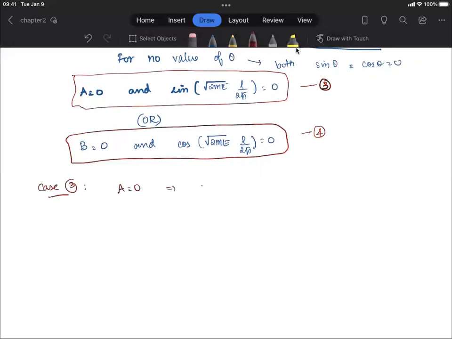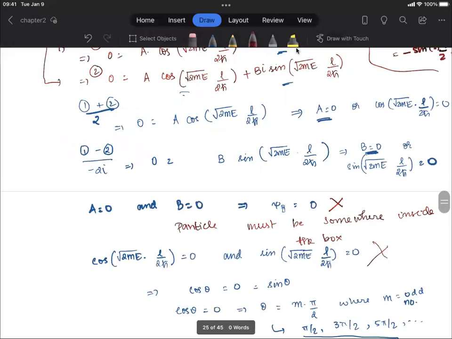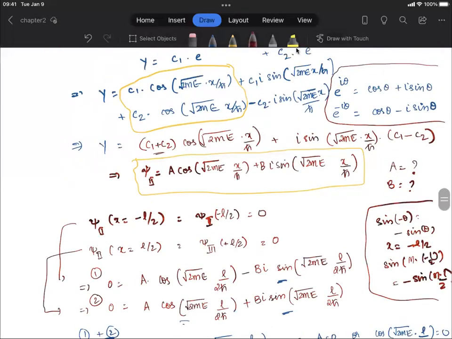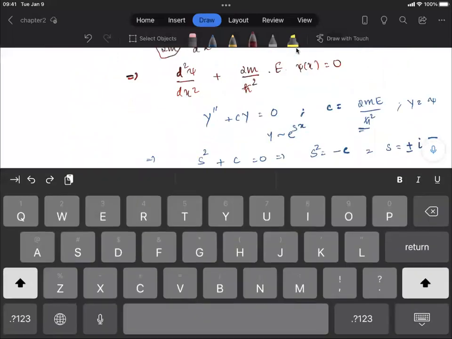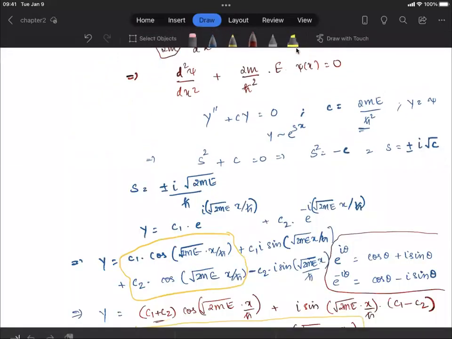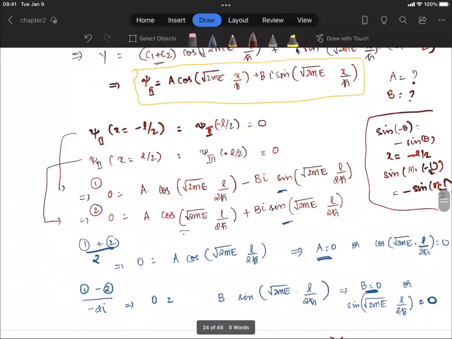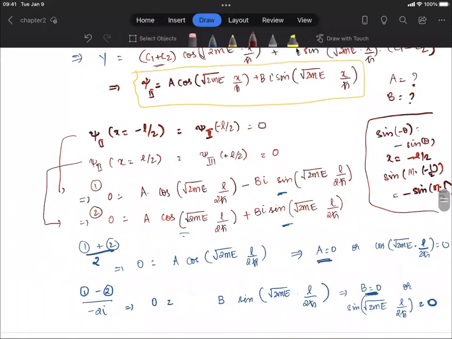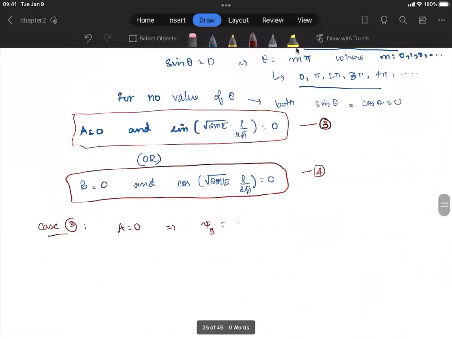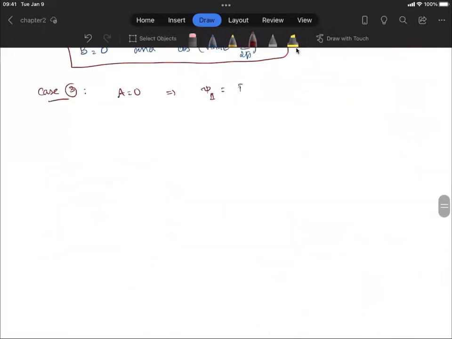A equal to 0 would imply that the wave function is going to be, if A is 0, just B times i times sine of x, right? So it's just going to be B times i times this.